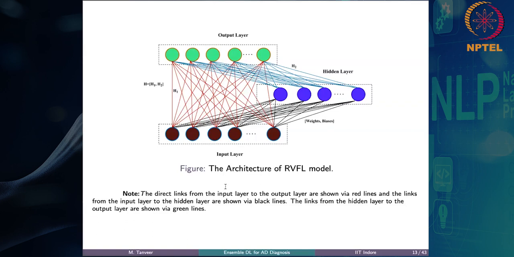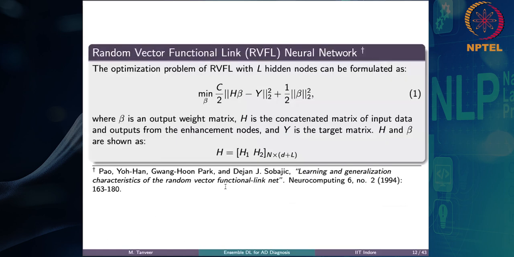And this is the architecture and optimization problem of RVFL with L hidden nodes. It can be represented here. We can see we have to minimize C/2 times the norm of H beta minus Y, whole squared, plus half the norm of beta squared. Here beta is the output weight matrix, and H is the concatenated matrix of input data and output from the enhancement nodes.